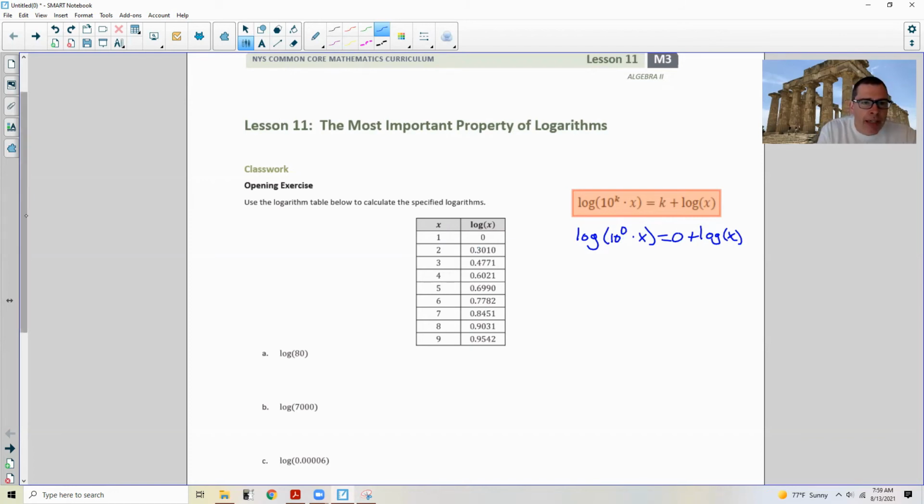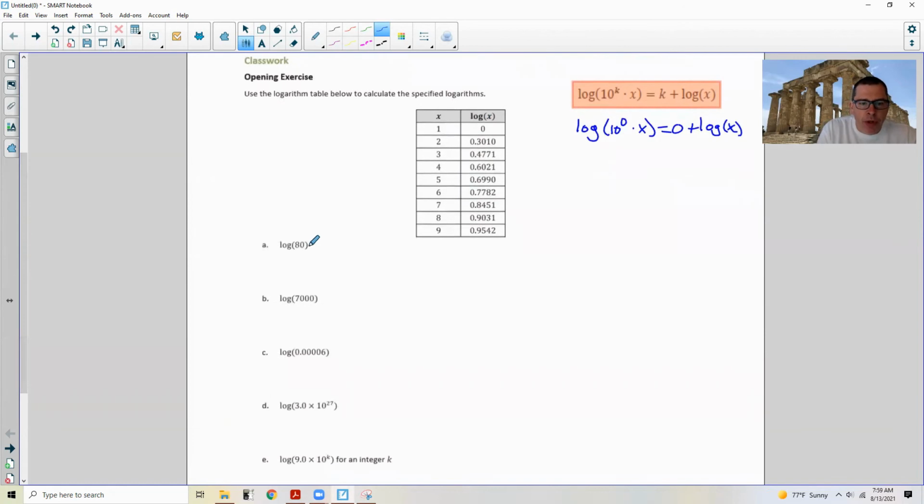So we're going to add to that now, and we're going to find the log of 80. Let's just show our work. The log of 80 equals the log of 10 to the first power times 8. 8 times 10 to the 1 is 10, 8 times 10 is 80.